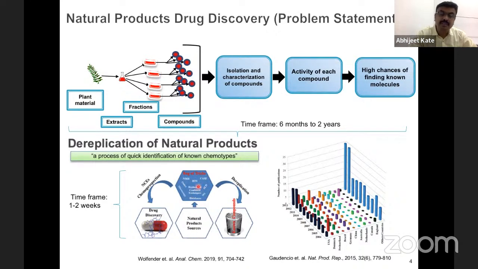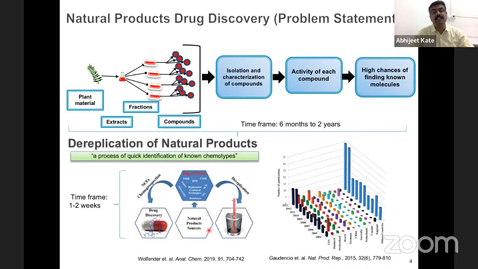Now, if you analyze and it says that, okay, this compound has been reported by so-and-so person from this plant, then you don't work on that extract anymore, because most of these compounds are already reported by these scientists. It is published, and they have also reported the activity of those compounds.